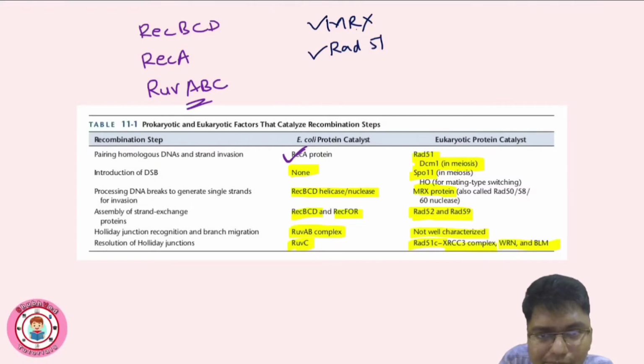Basically, these important proteins are there: RecA homolog RAD51, RecBCD homolog MRX, and no homolog for RuvAB. RuvC is there. Ligase is there. Basically, XRCC3 is a ligase. Then RAD51C. And one extra protein, that is SPO11. This is for introduction of double strand breaks. Very important protein.